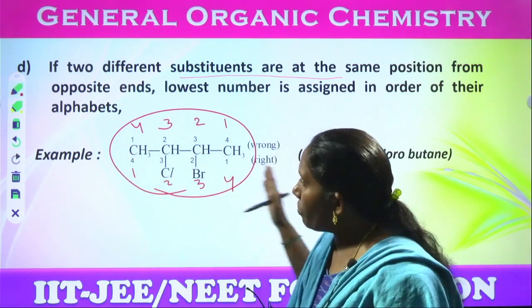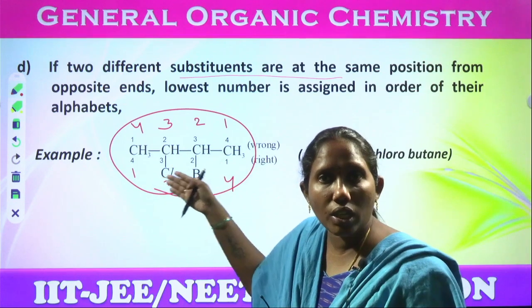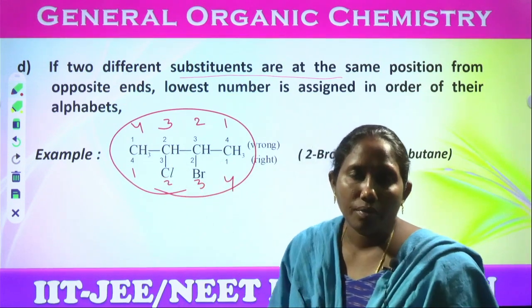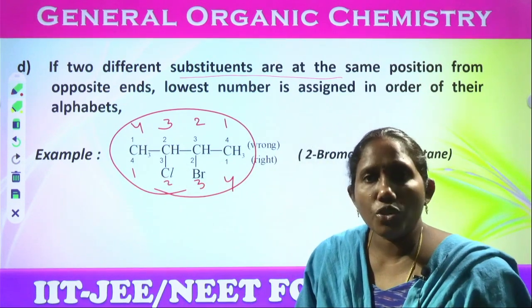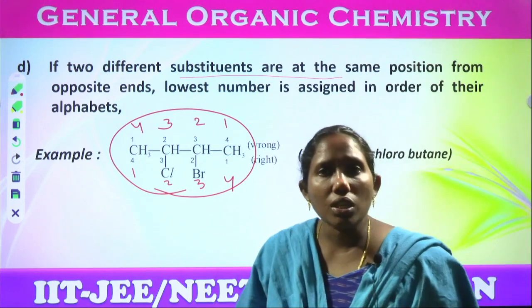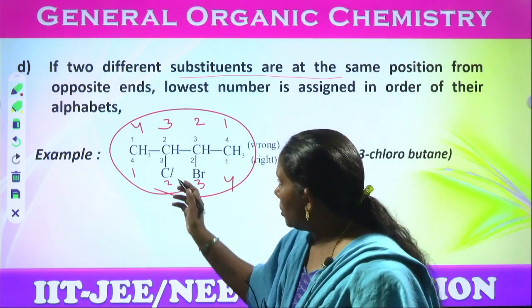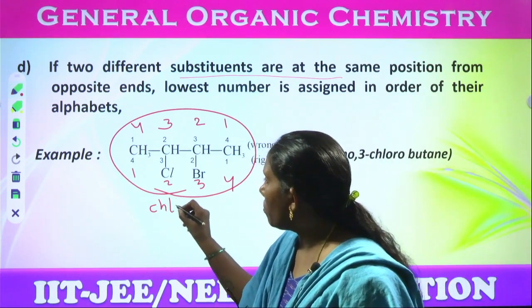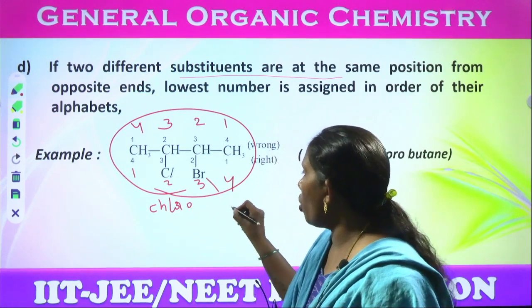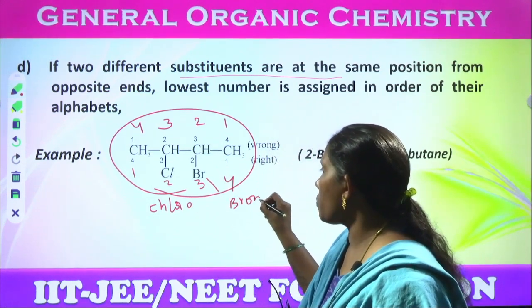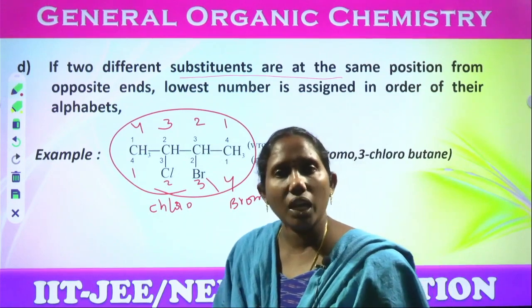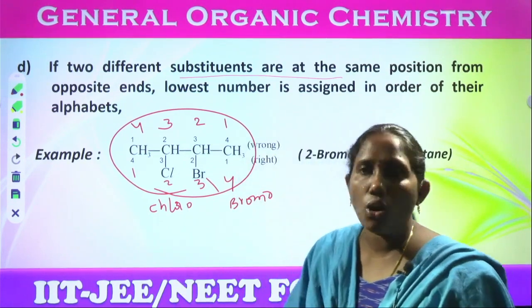If you come from the other side, second position is chlorine, third position is bromine. So which one is correct? Choose the alphabetical order. This is chloro, bromo. Which one comes first in the alphabetical order? B comes first. So bromine should get the lowest number.